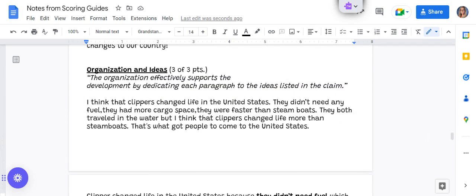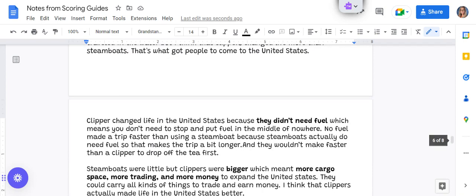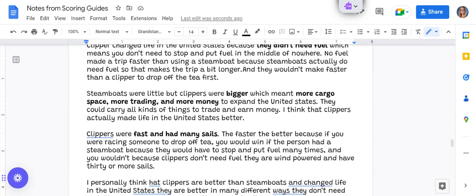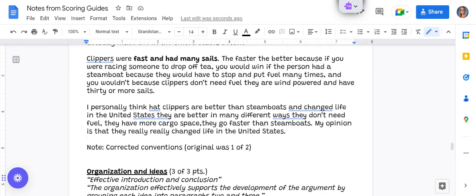They need to state their opinion. They need to summarize their reasons. Then they need to go reason, evidence, explain. Reason, evidence, explain. Reason, evidence, explain. State their opinion again, answer the question, and then sum it up by summarizing their reasons again.